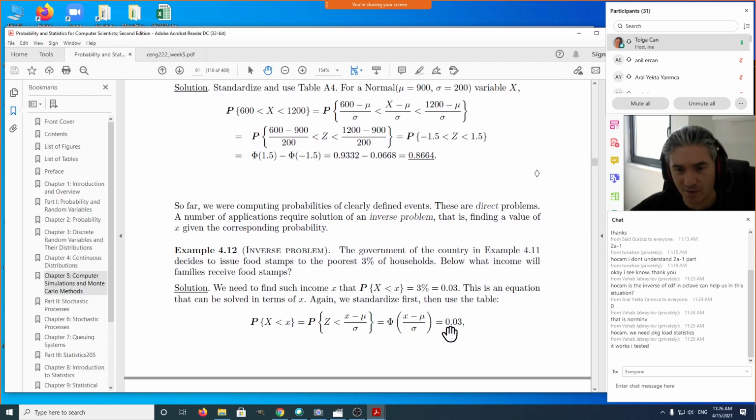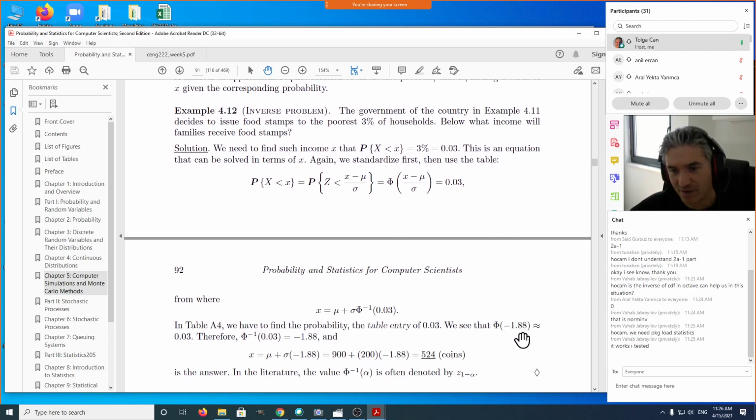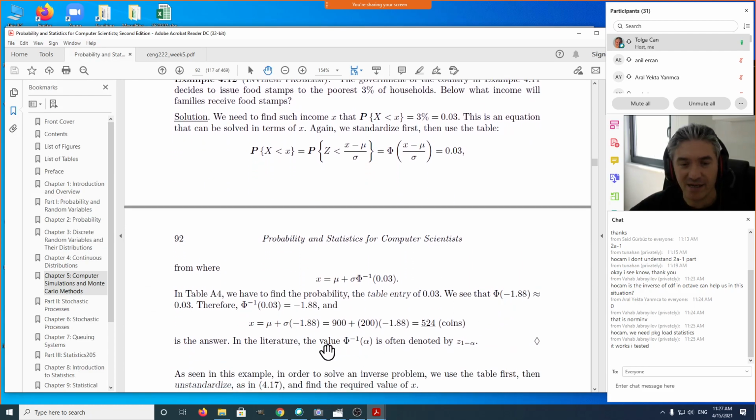Yeah, it's 1.88. You have to multiply 1.88 by 200 and add 900 to get back to this, which is 524 coins. So that's the poorness threshold, which is very close to the middle income family, right?